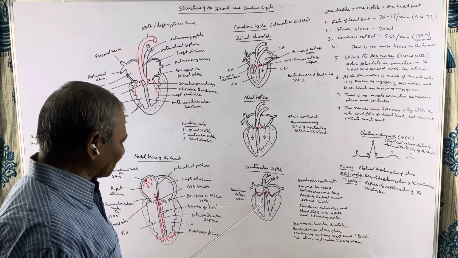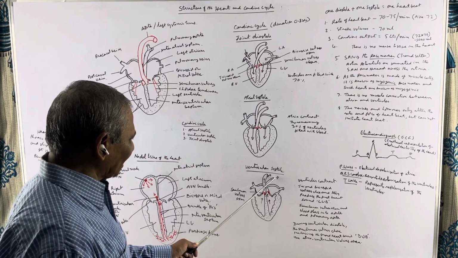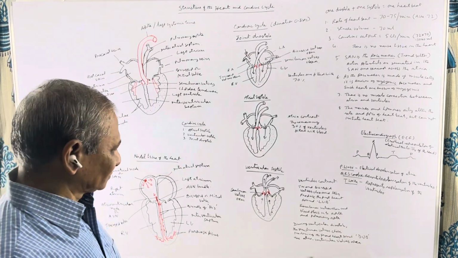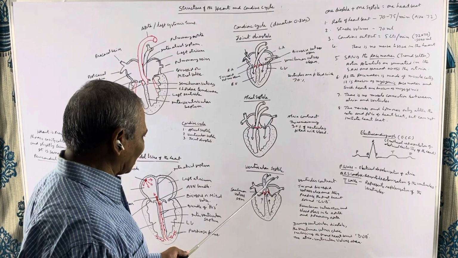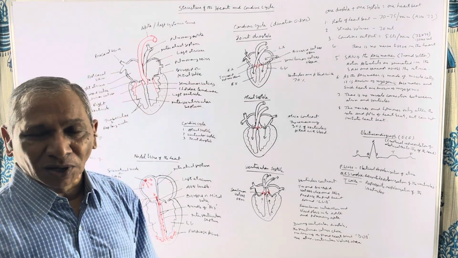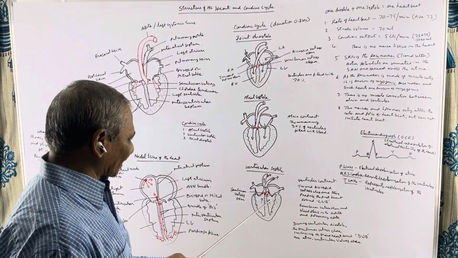So the venous blood present in the right ventricle flows into the pulmonary aorta and goes to the lungs for oxygenation. Similarly, the oxygenated blood present in the left ventricle enters the aorta and goes to all parts of the body. In this way, the ventricles contract.